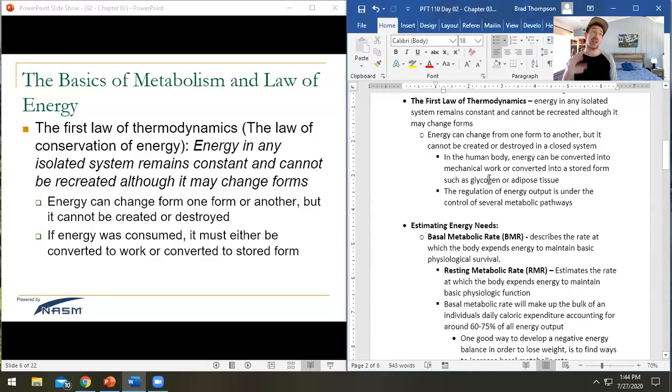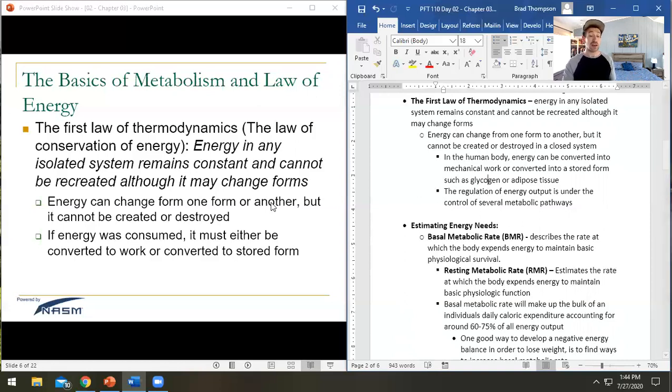Now, if you damage your muscles, your body can also go, oh, okay, I'm going to convert all that energy into new muscle tissue as well. But typically, when we're looking at the problems that people suffer from when it comes to weight loss or weight maintenance, controlling their weight, it's because their body is consistently storing an excess of energy that they are consuming.